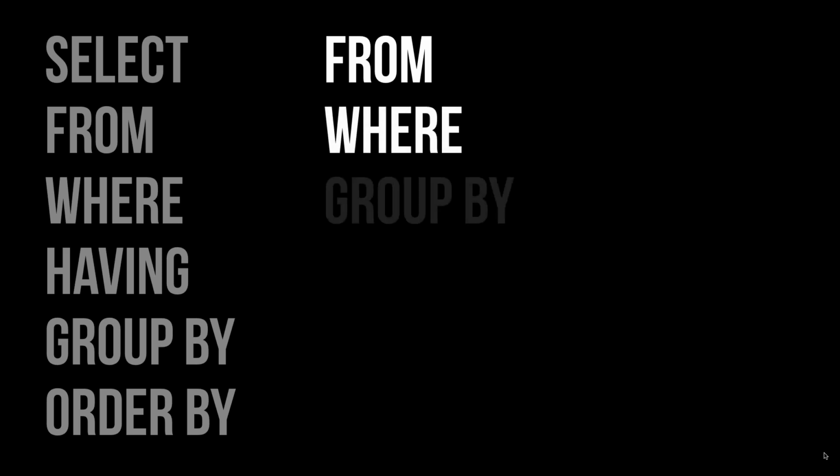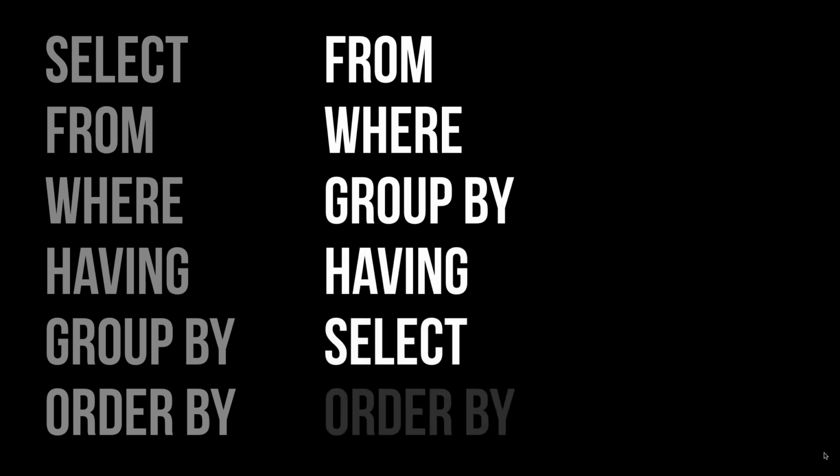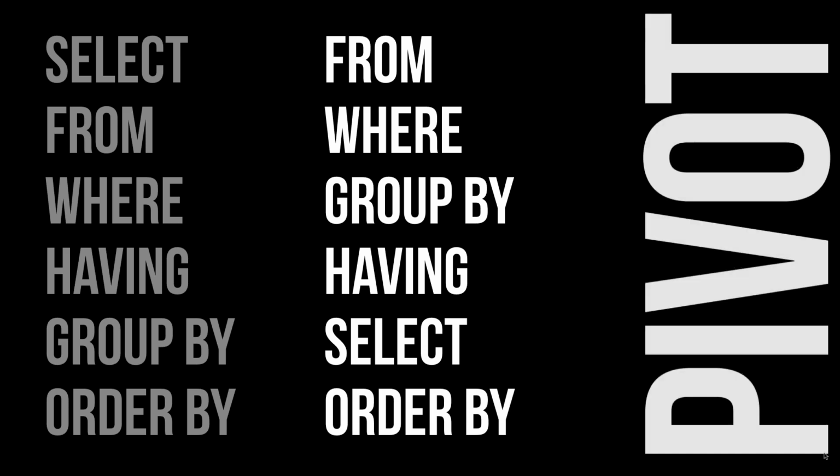I need you to get me a book. Go to the bookshelf, whatever it may be. Where am I getting this from first? And then next, of course, is where. What's the filter, right? Remember, the where is the filter. Group by, then we have the having that lines up there. And then select, and then the order by.